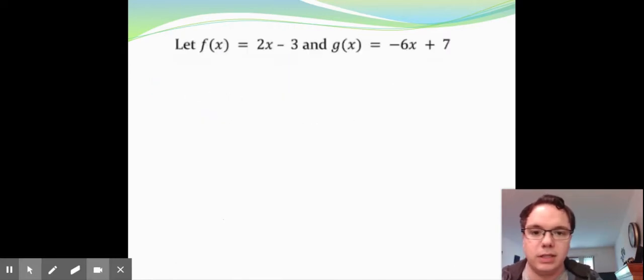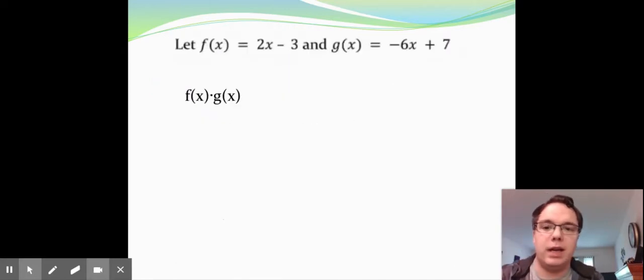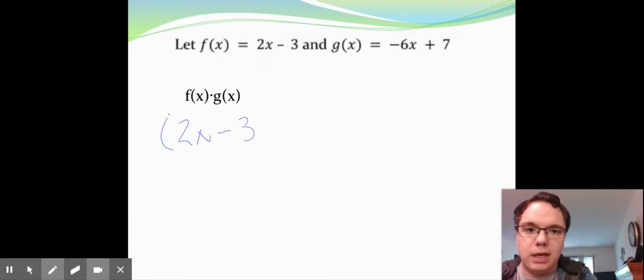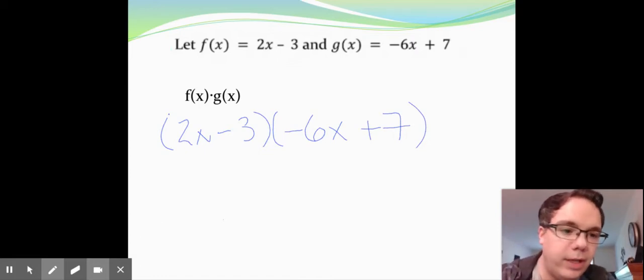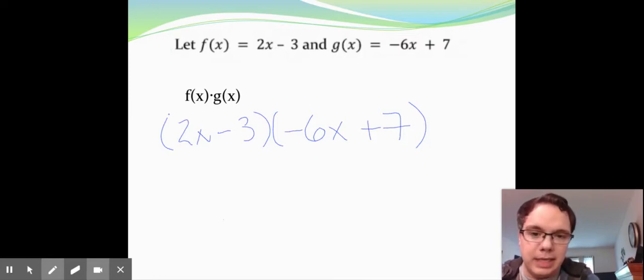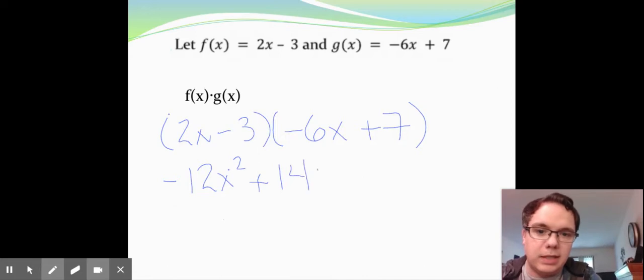All right, so let's actually do the example of f of x times g of x. So we're going to take 2x minus 3 and multiply it by negative 6x plus 7. I'm a FOILer, so again, that's just using the distributive property to make sure everything's distributed. So 2x times negative 6x is negative 12x squared. 7 times 2x is 14x.